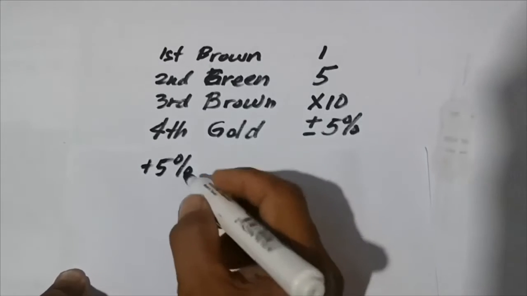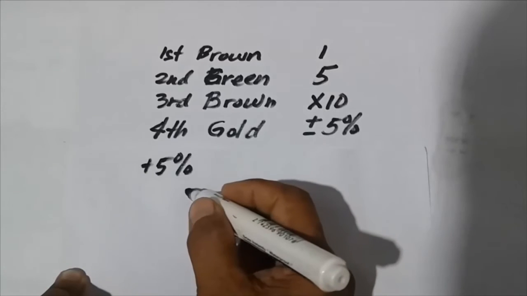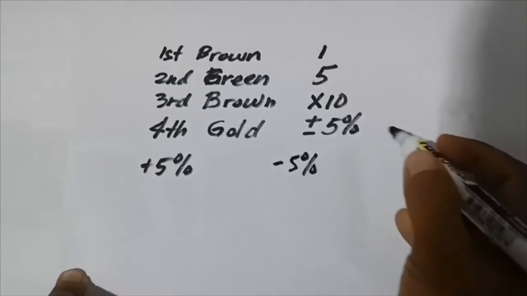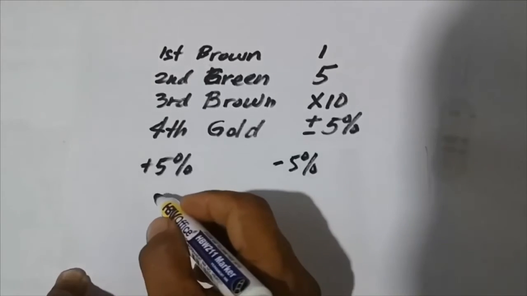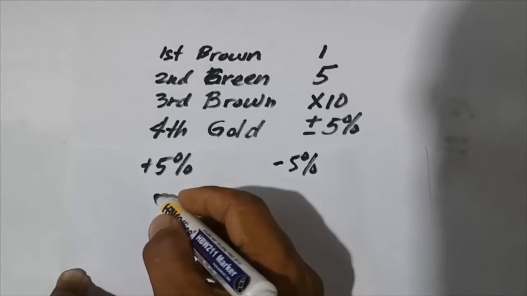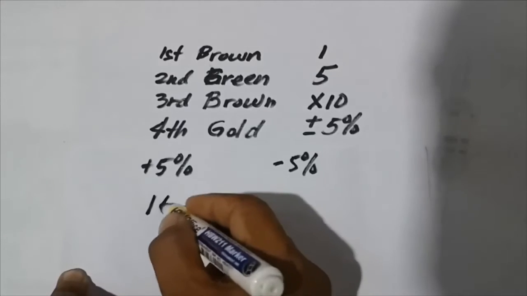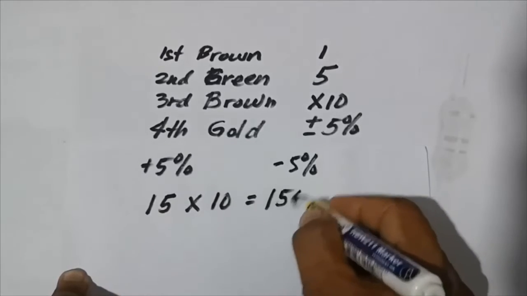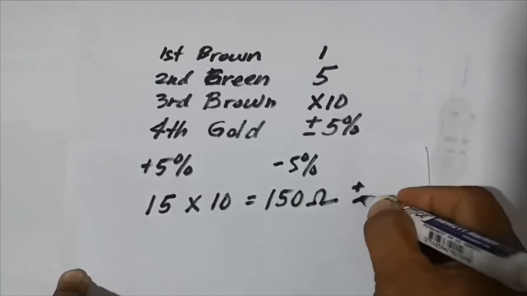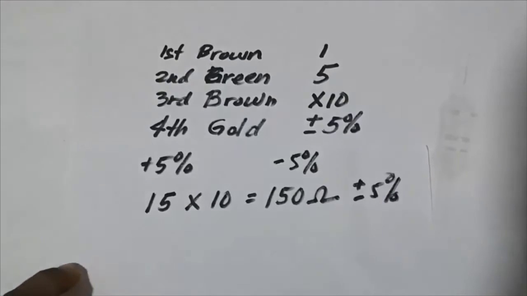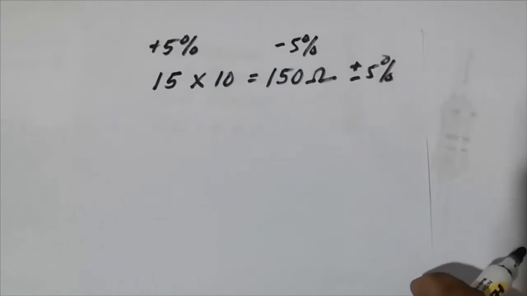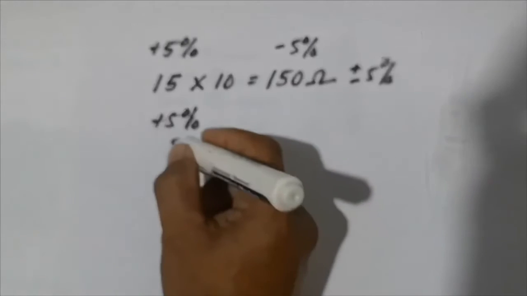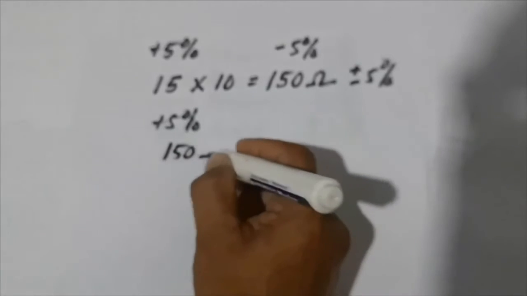So from here, we are going to solve for the positive 5%, as well as the negative 5%. But before that, we are going to solve first for the value of the resistor. It is 15 times 10, that will give us 150 ohms, and the tolerance of plus minus 5%. And then, we can get now the positive 5% by adding 150 plus the 5% of 150.